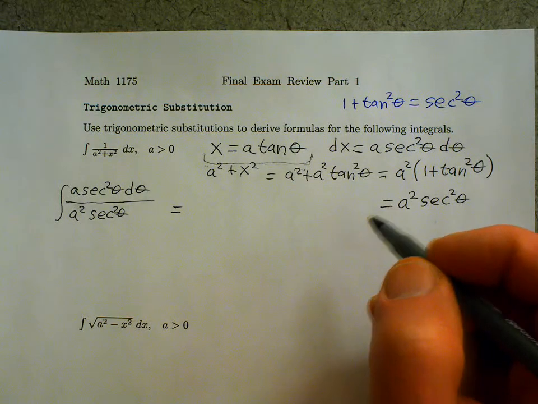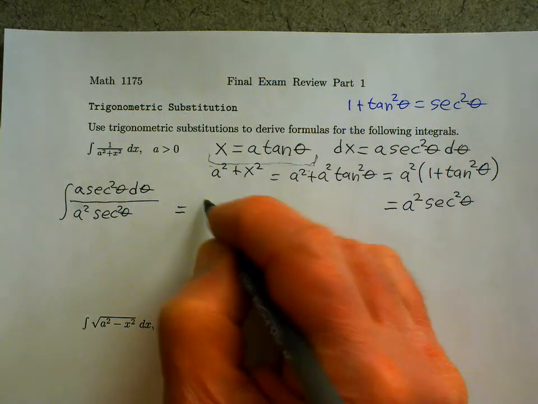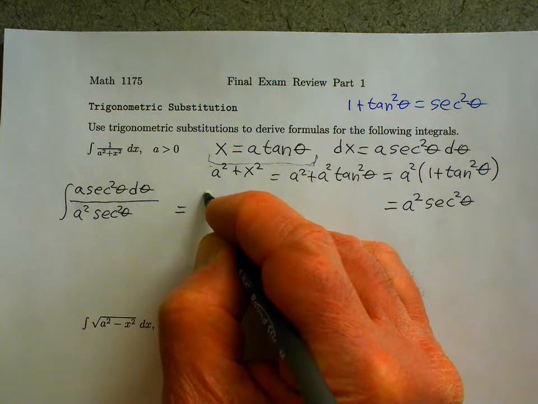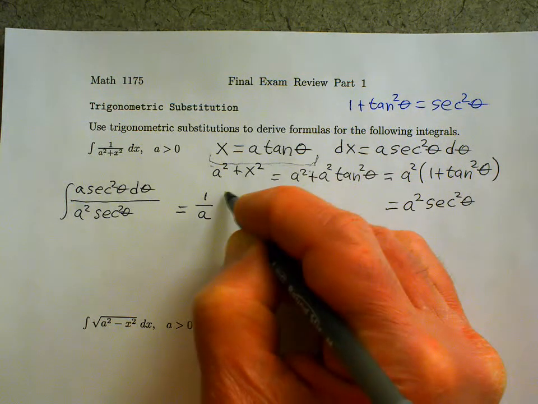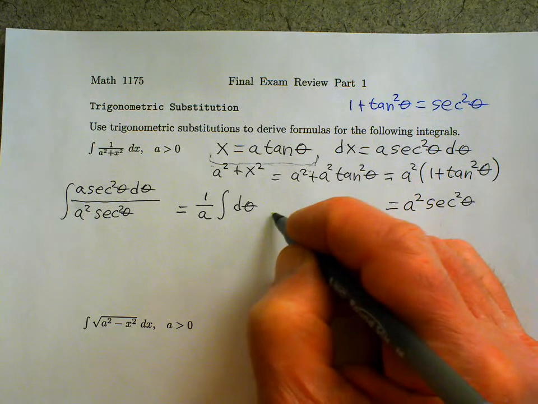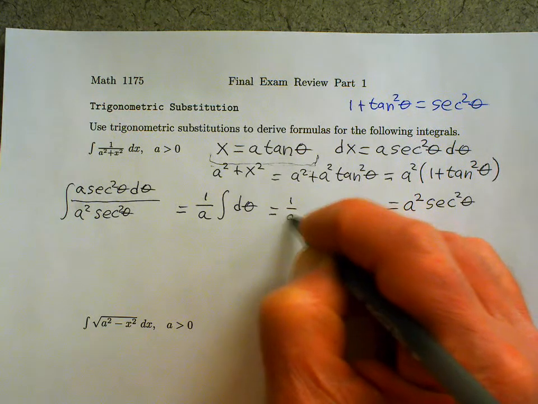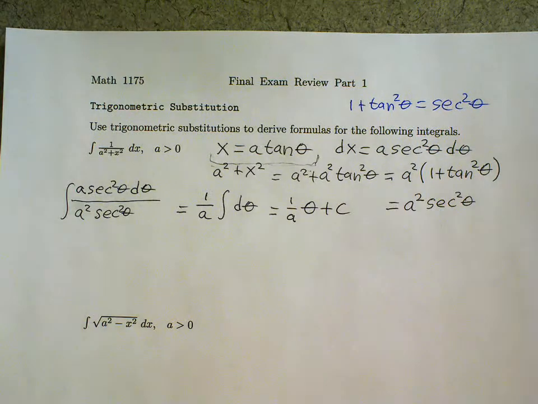Simplify the integrand. A over a to the second is 1 over a. Since it's a constant, I'll put it on the outside of the integral. So 1 over a times d theta. So we get 1 over a times theta plus a constant.